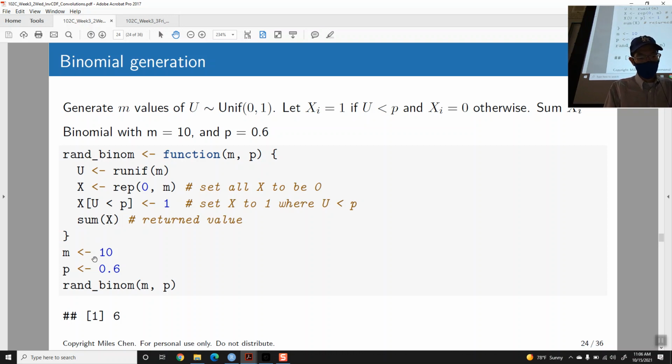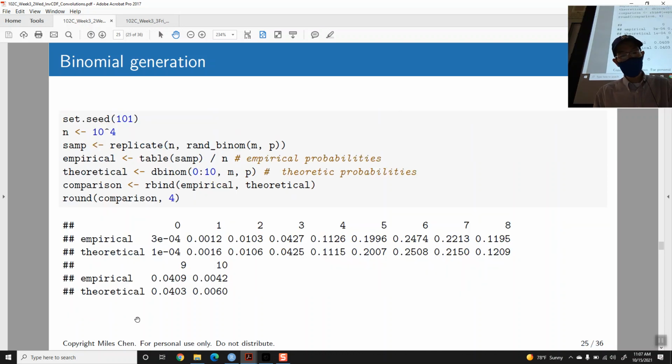No complicated functions here. If we do this and ask for one value, the first one that pops out happens to be a 6. Now, how well does this perform? Here I'm going to generate 10,000 values.